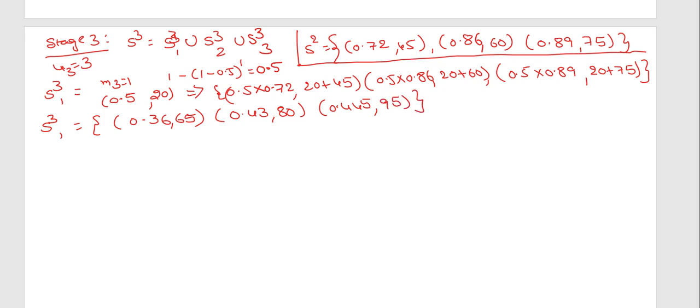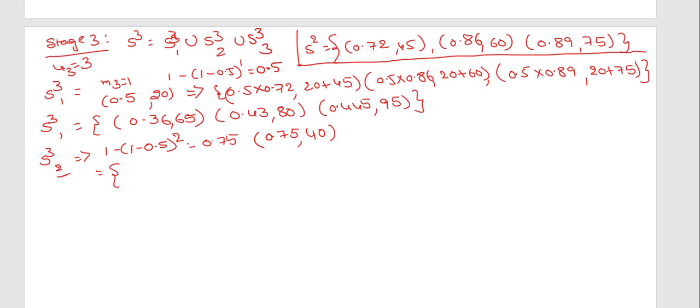Now stage 3 with 2 copies. So what is the formula? 1 minus 0.5 whole square, that is 0.75. So what is the pair we are getting? 0.75, comma 40. Why 40? 2 copies. So simply the procedure is the same again.